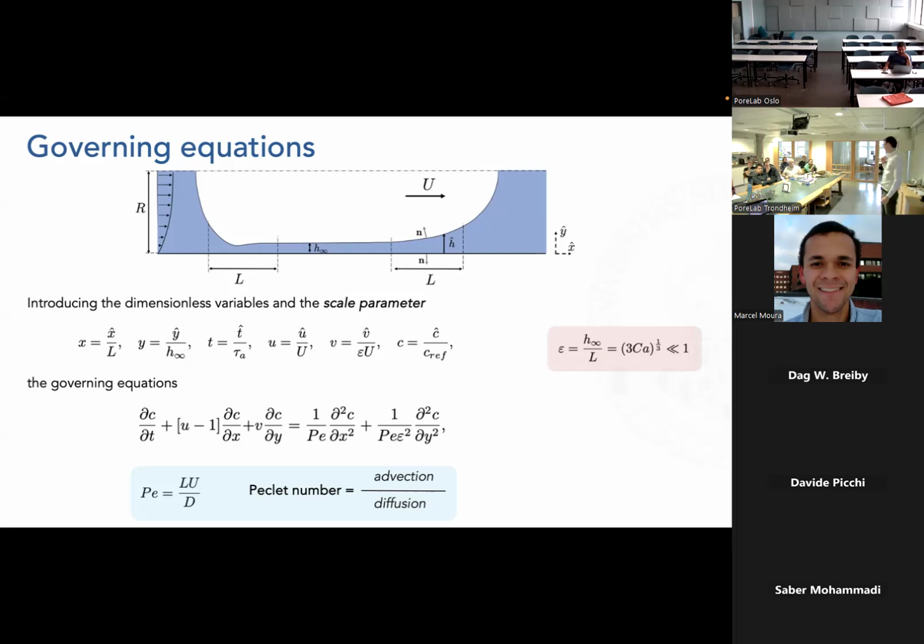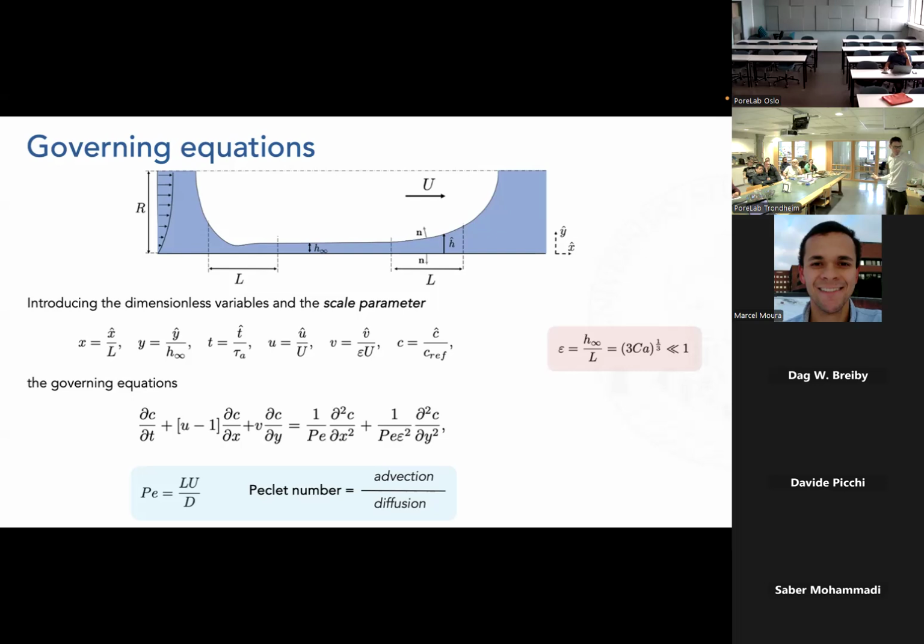It's the same one as we got with the Bretherton problem. So we are using the same scale parameter for the flow and for the transport here. We just use the reference velocity, the bubble speed, to make the velocity dimensionless. And this is the dimensionless equation. You see that the only dimensionless numbers that appear are the classical Péclet number, which balances advection and diffusion, and this scale parameter epsilon, which is the same as before.